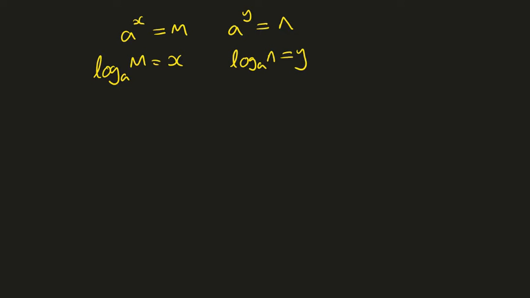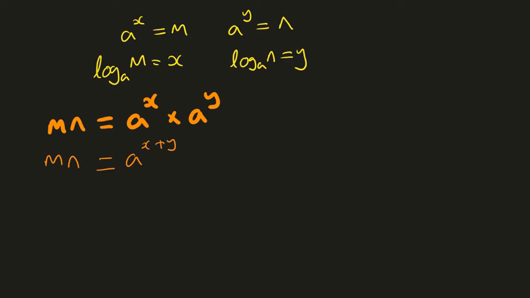So with that understood, let's see if we can put this into an expression and come up with something useful. Let's start by thinking about m multiplied by n. Well, that is going to be a to the power of x multiplied by a to the power of y, which of course means we can add those powers together, so that mn is going to be a to the x plus y.